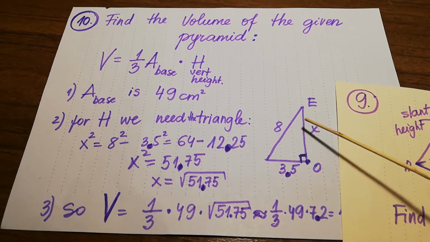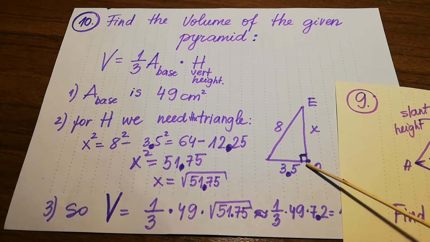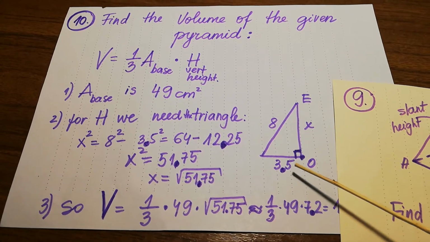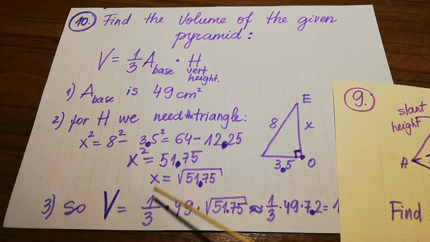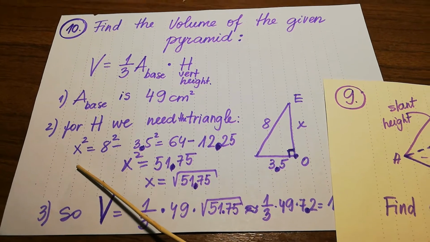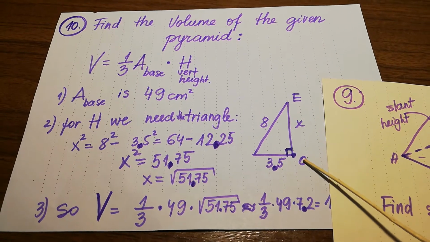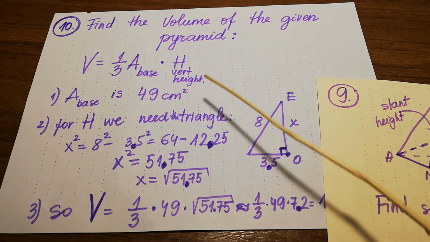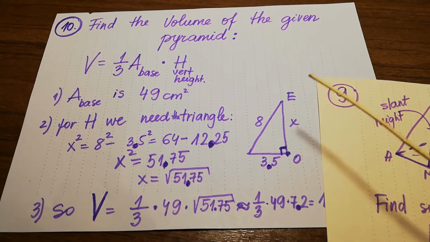See this in another picture. It is a perpendicular side of a right triangle. So we can use the Pythagorean theorem for finding this vertical height, which we need, because the area of the base we have already.